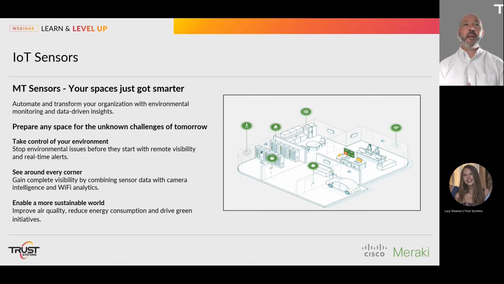And ultimately, sustainability is a big area of concern for most organisations. So how can you take that data to drive and provide not only cost savings, but an improved environmental and reduced energy consumption to drive and deliver against some of your business's green initiatives?